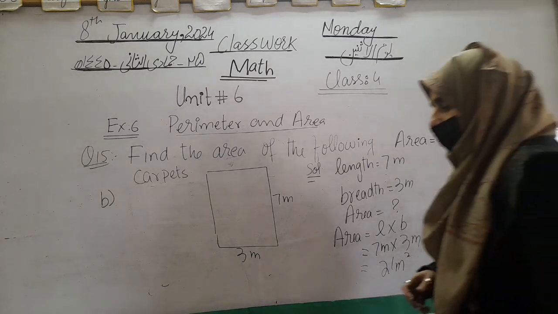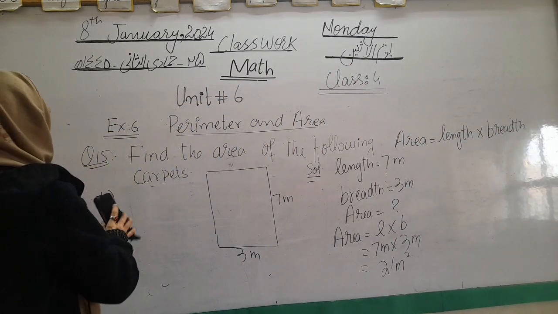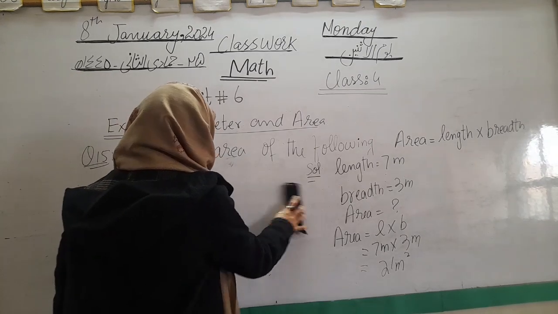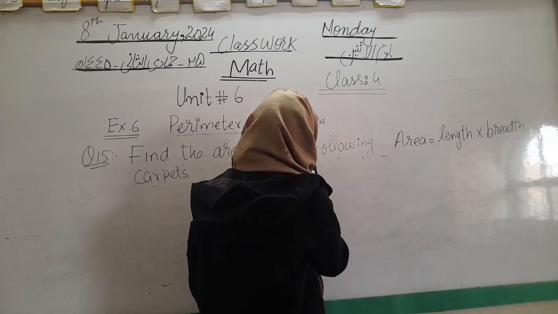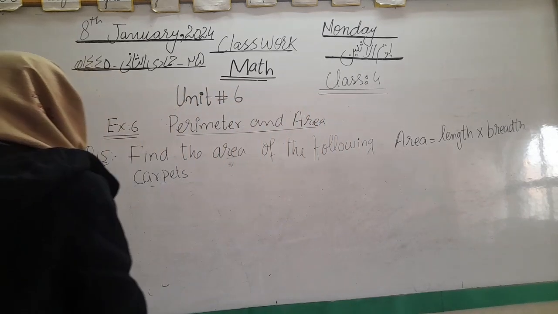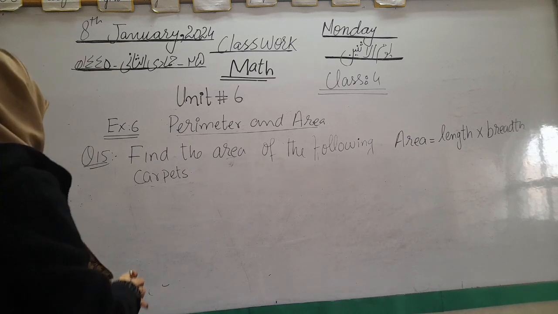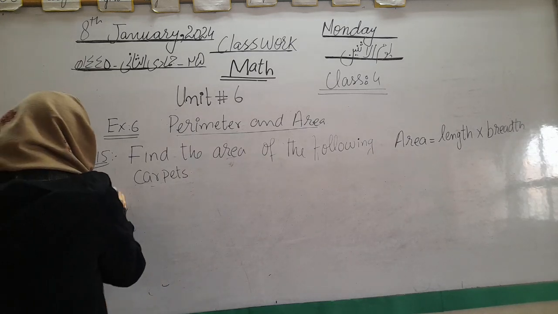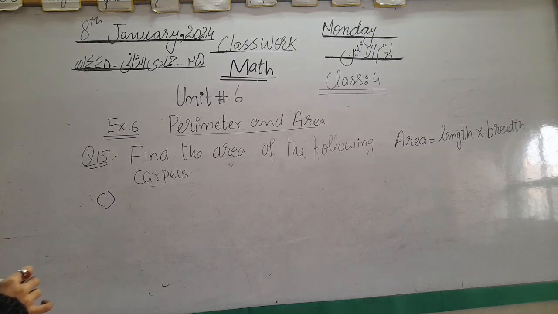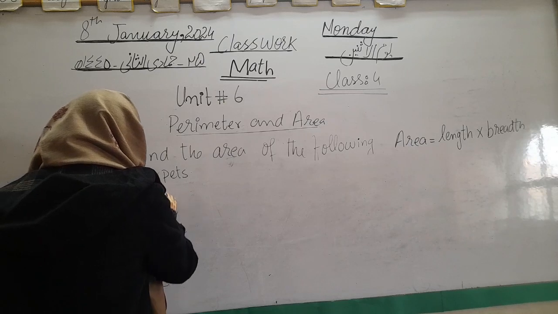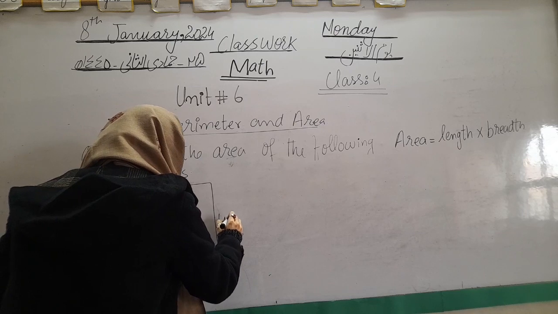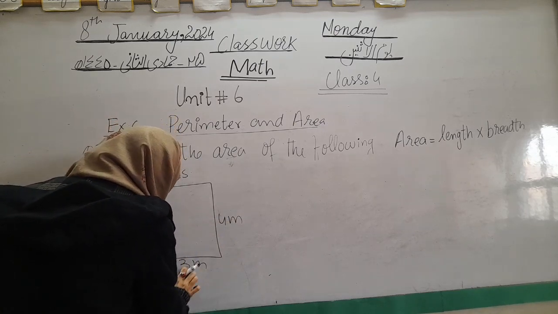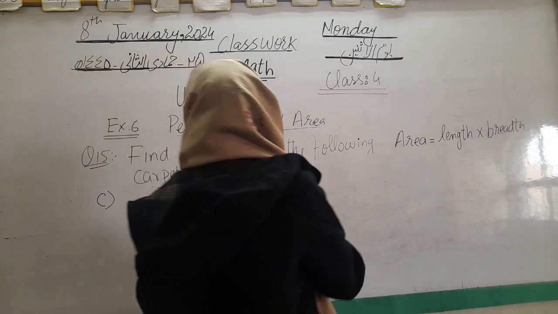Now we have C part, and in C part we have length 4 meter and breadth 3 meter. You have to find the area.